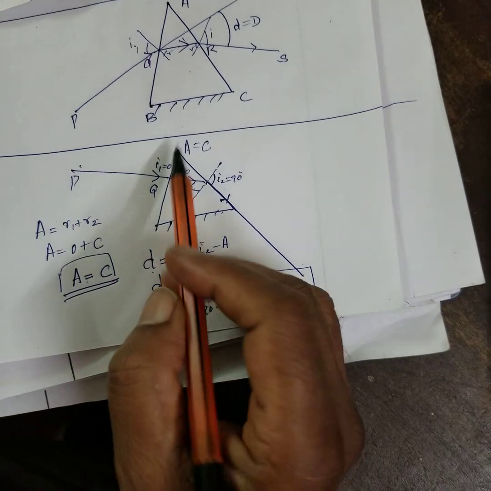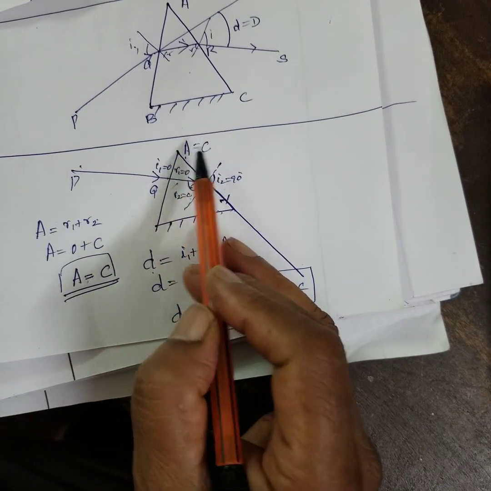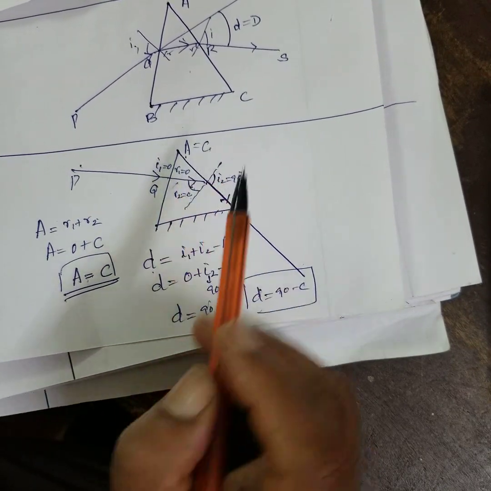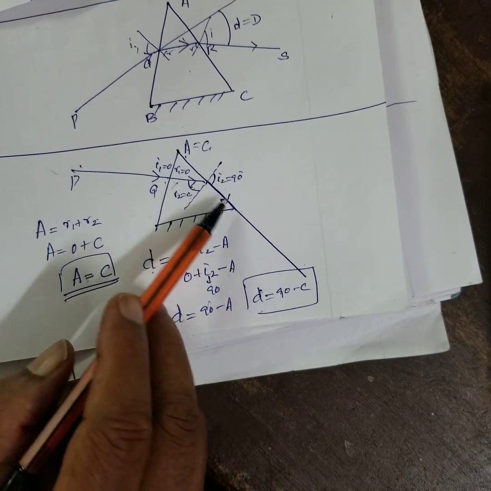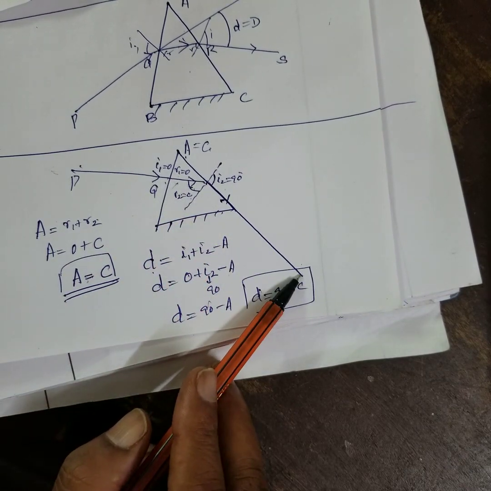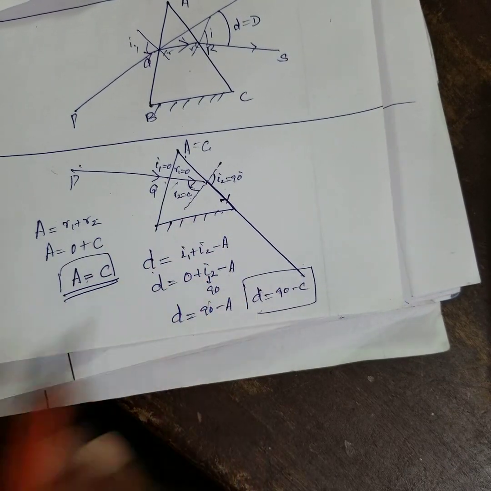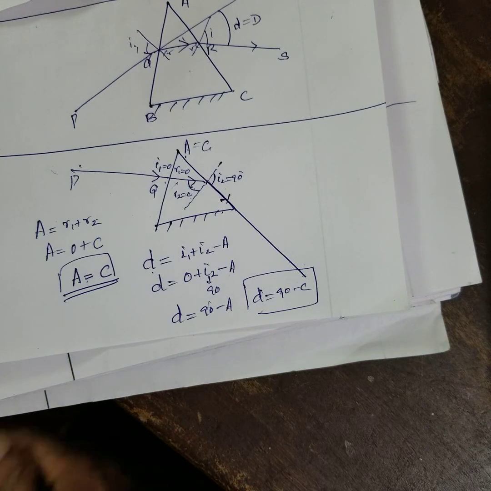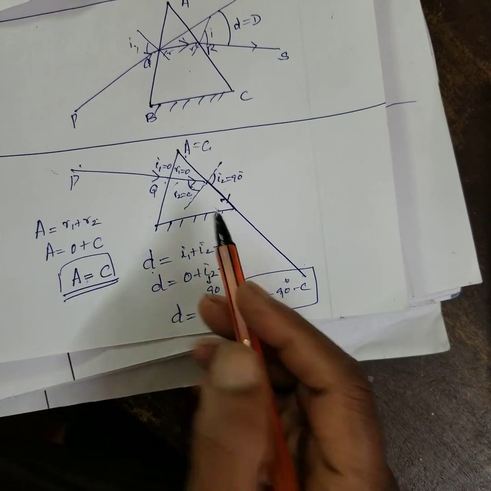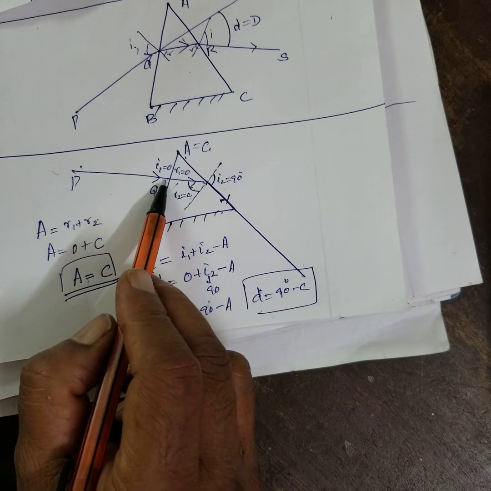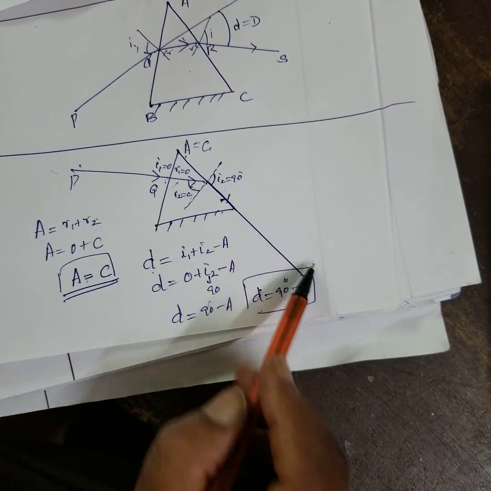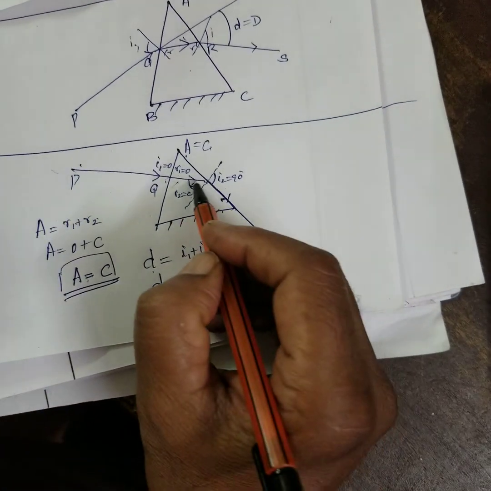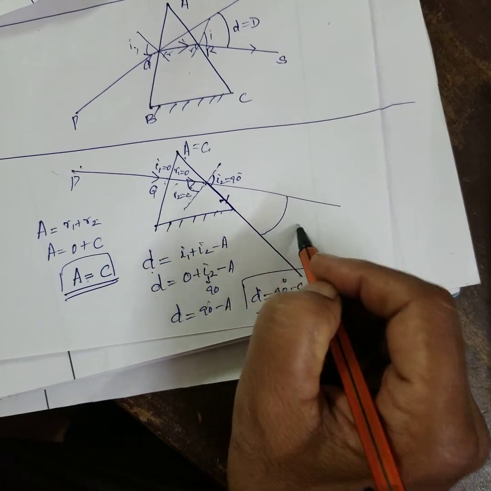Or they may ask you this way: if the angle of the prism is the critical angle, then what happened to the normal ray? It grazes on the other surface. See how many possibilities they'll ask. And what is the deviation? They may ask, if the ray is normally incident and grazes the other surface, what is the total deviation? This is the total deviation.